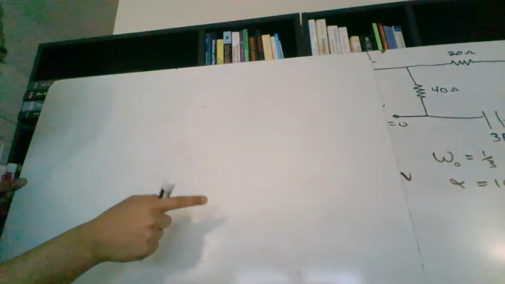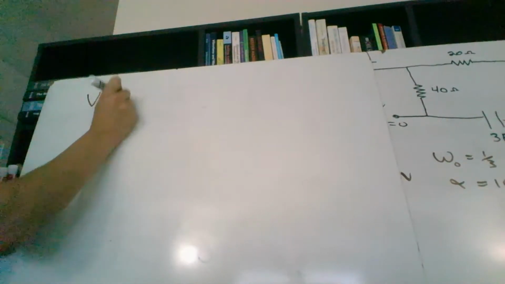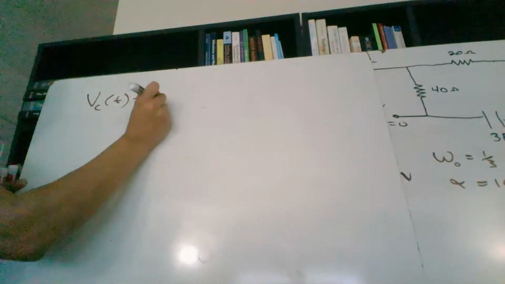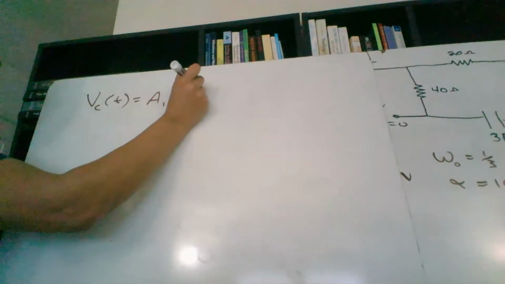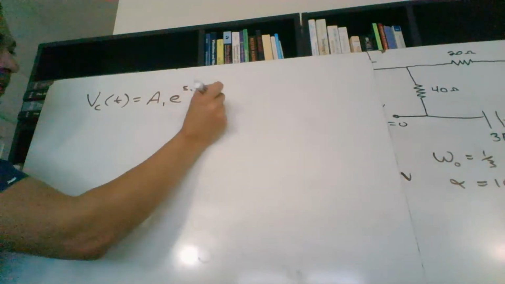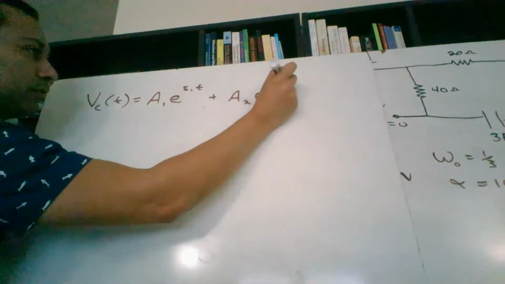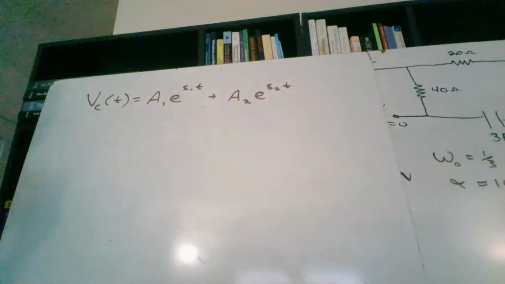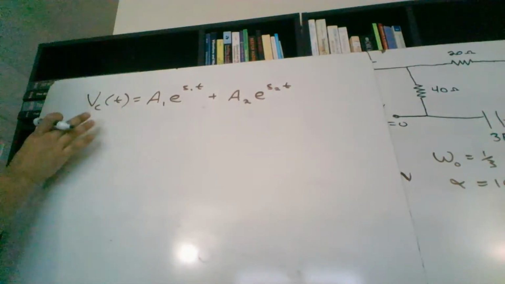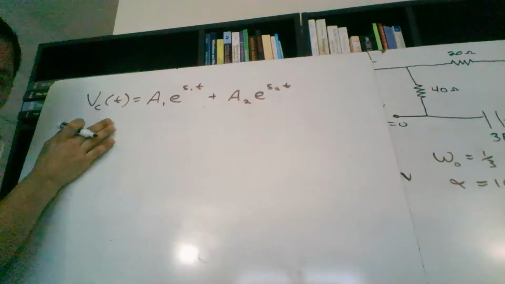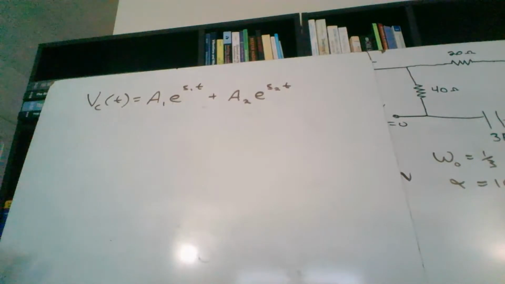The overdamped solution is given by the voltage of the capacitor as a function of t: A1 e to the power S1t plus A2 e to the power S2t. In our problem, we wrote current as a function of time, but we're using our boundary conditions for voltage. So we can do this exactly for voltage as well, okay?